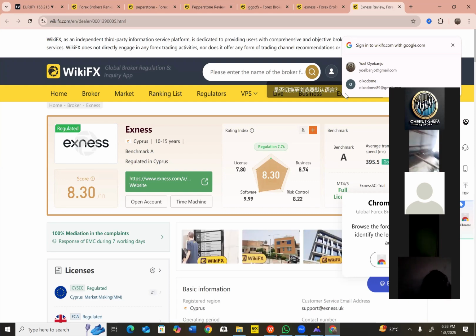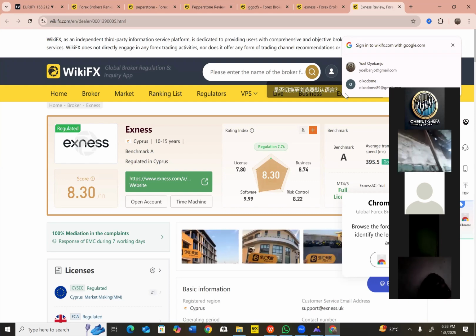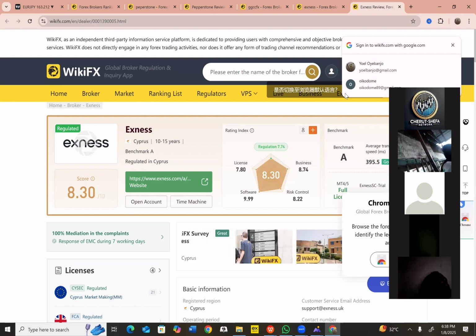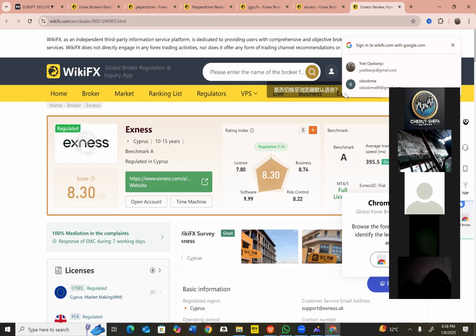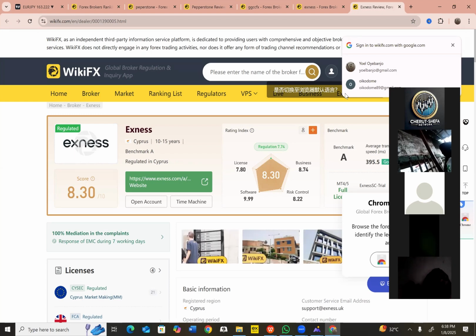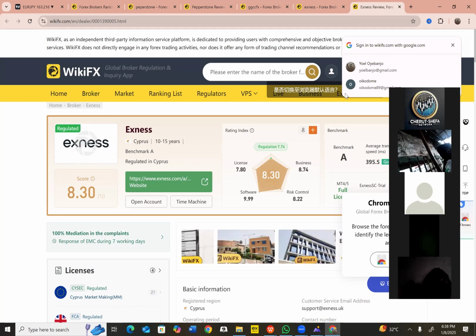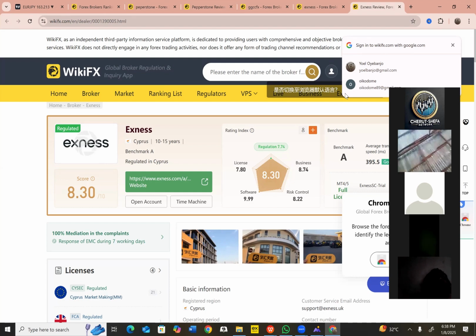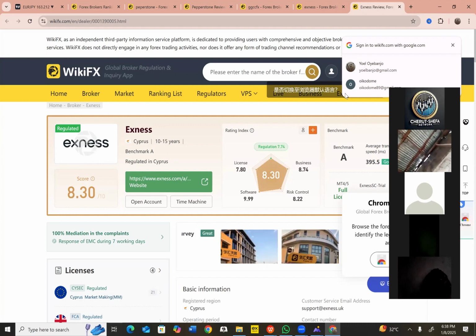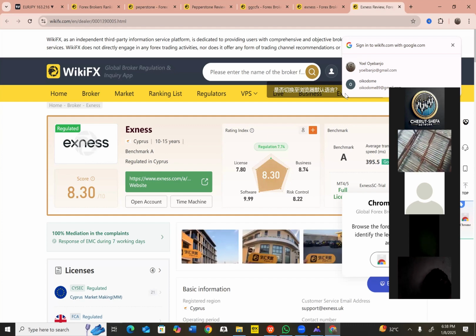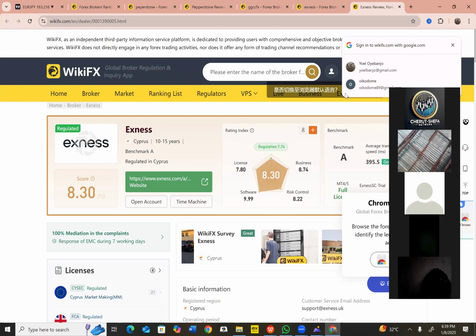They have different easy platforms to make deposits, and at the same time, an easy way to make withdrawals. So open an account with Xness, because you will be needing to open a demo account, and then we will continue from there.